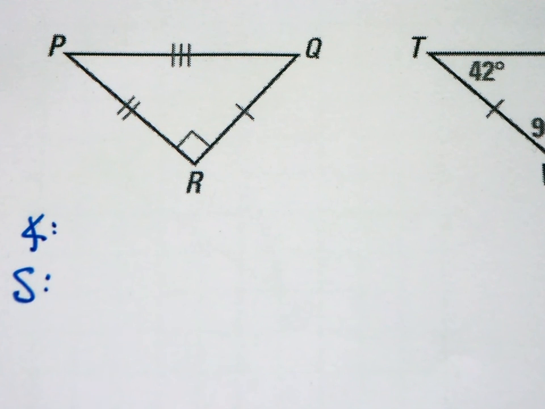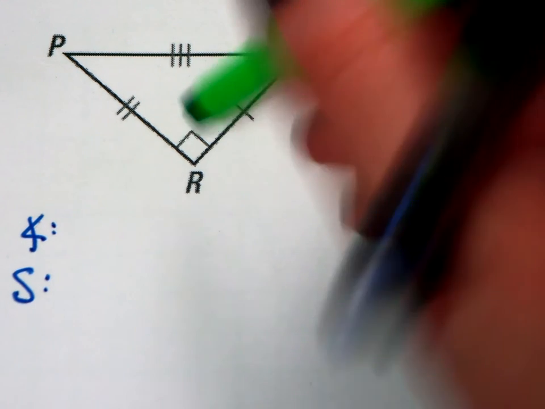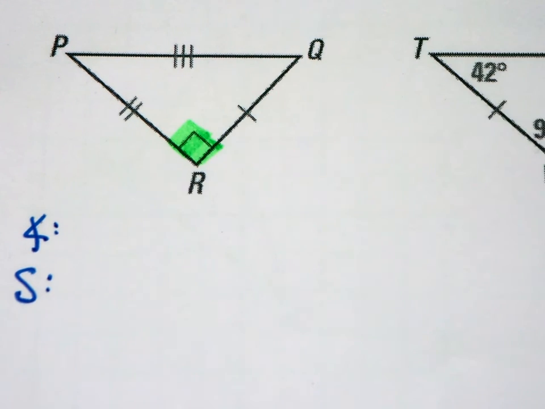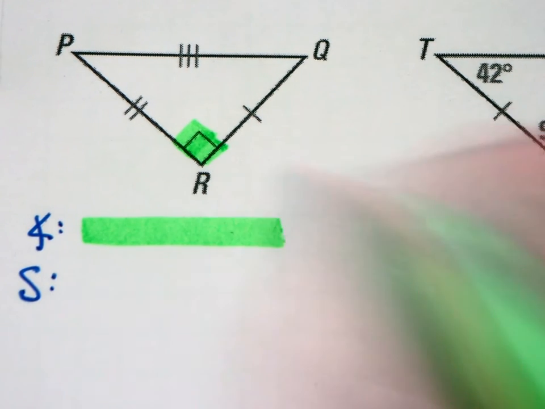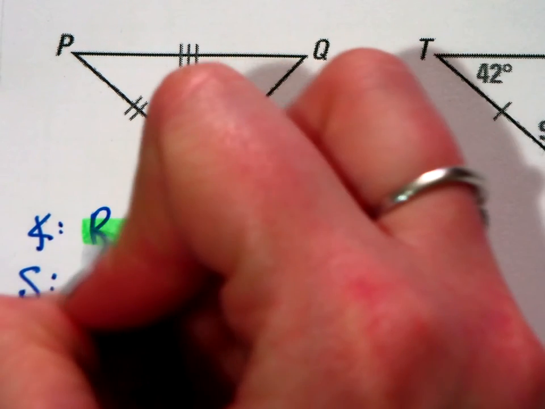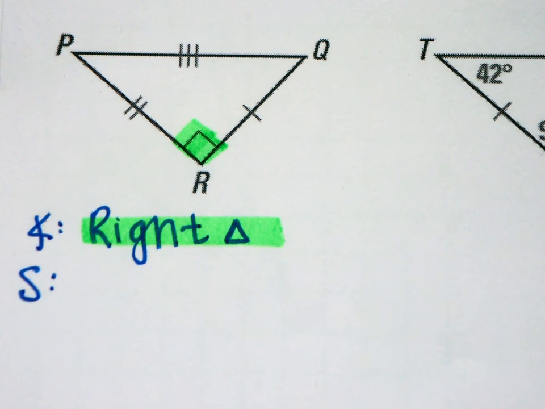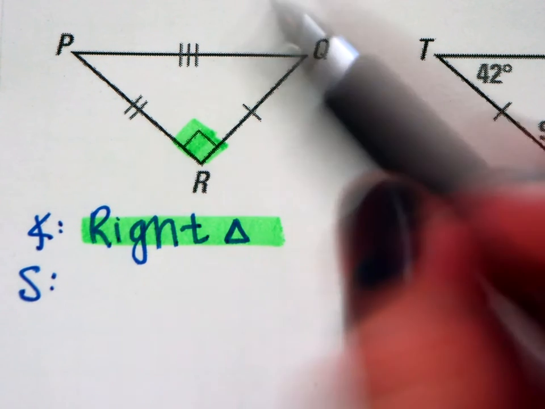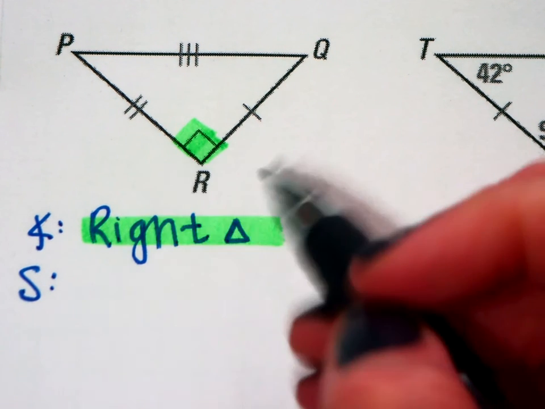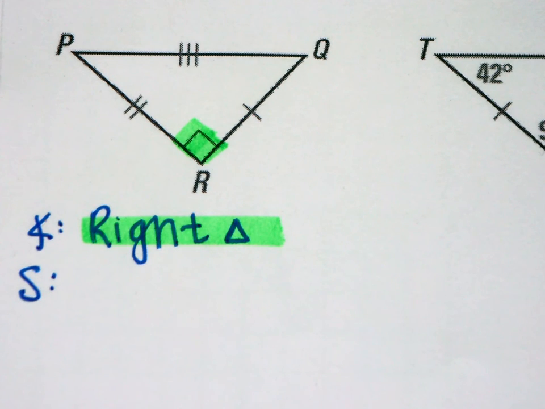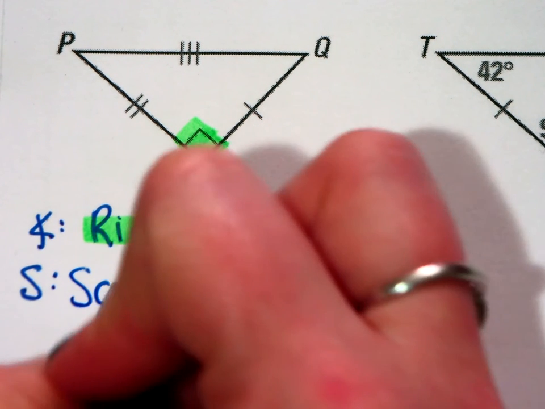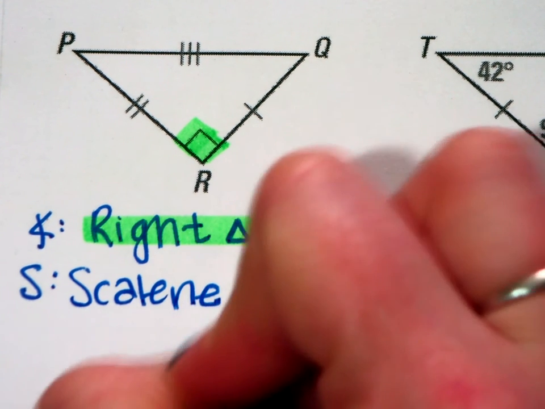First thing that jumps off to me on this page is this 90-degree box. We just talked about that up above. If it has a 90-degree angle, it's automatically a right triangle. Looking at the number of sides, 1 bar, 2 bar, 3 bar, that means all those sides are different. If all the sides are different, this is called a scalene triangle.